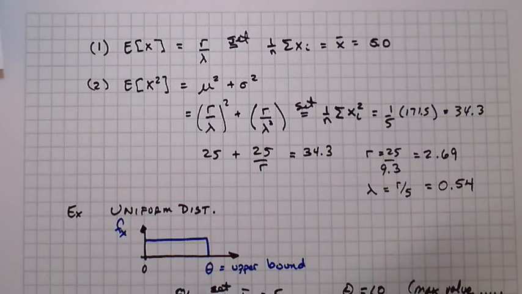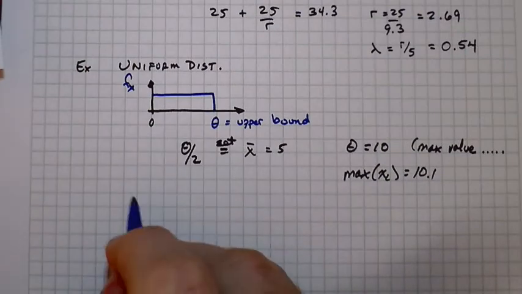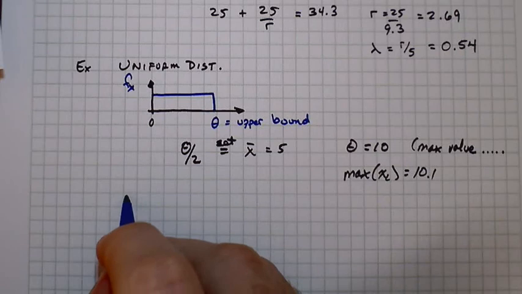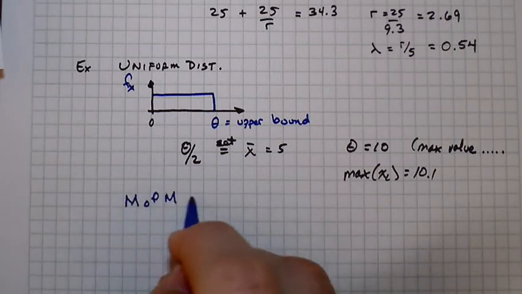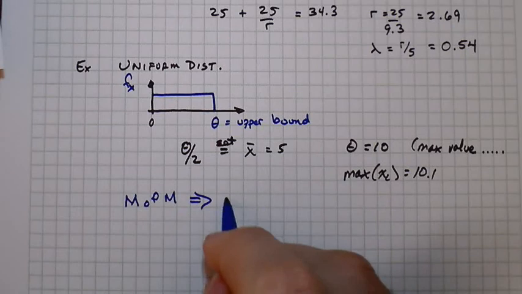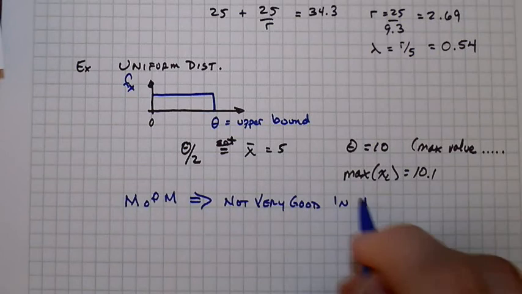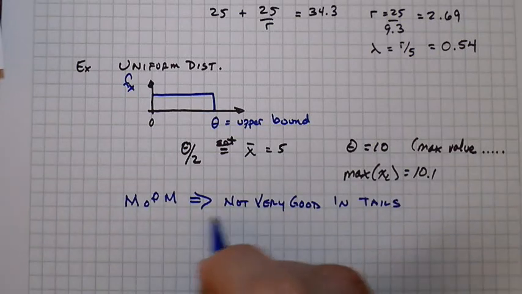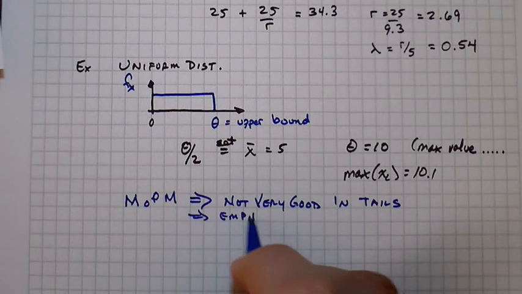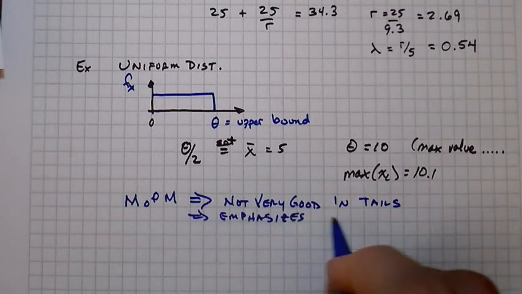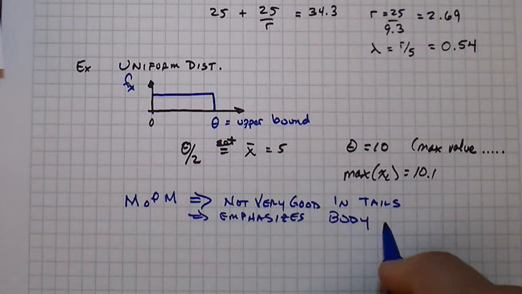So this approach actually didn't do very good out here for the extreme values, and that's a critical thing, that the method of moments approach is not very good in the tails because it emphasizes the body of the distribution, the body of the data.